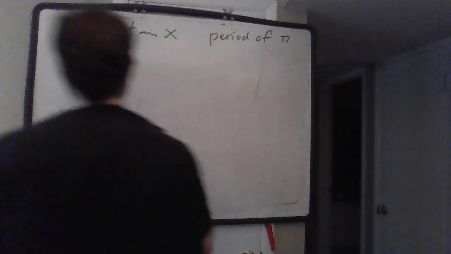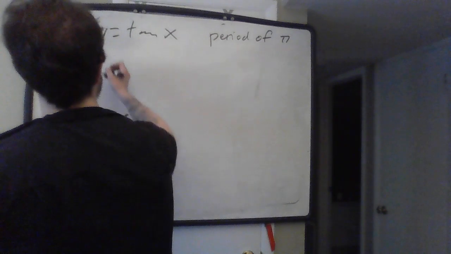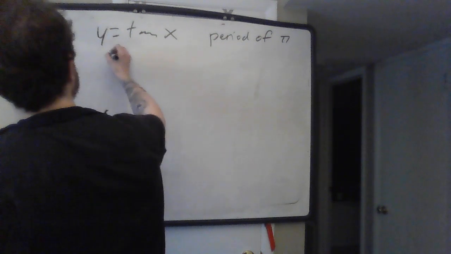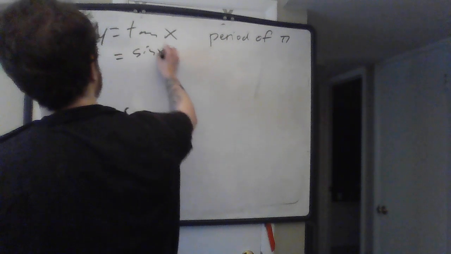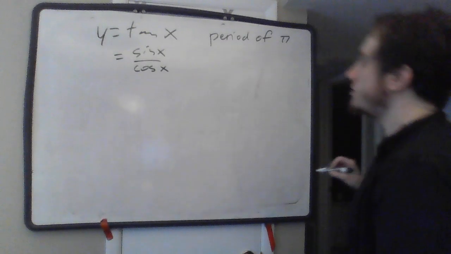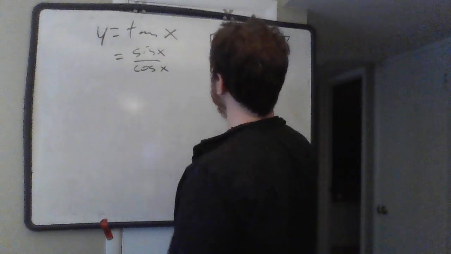The other thing to notice is that if I want to get this thing into a full range of what it does, remember that this is really sine x over cosine x.